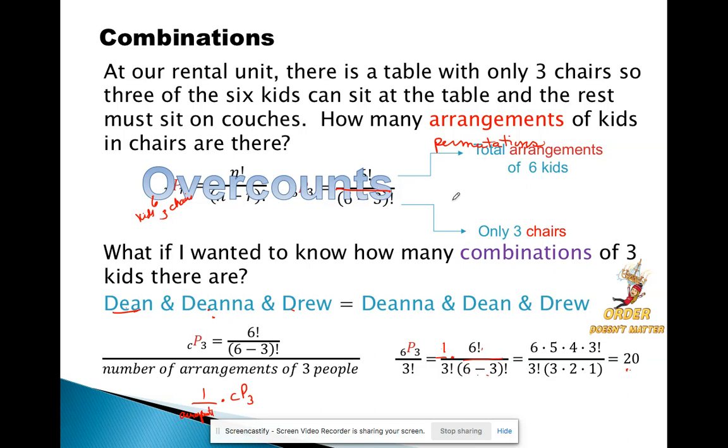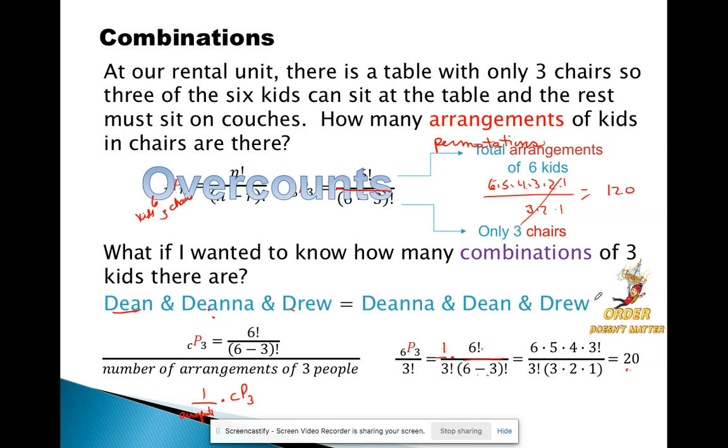This tells me this number, which I covered up there with my overcounts, was 6 factorial divided by 3 factorial. Those cancel out: 6 times 5 is 30, 30 times 4 is 120.